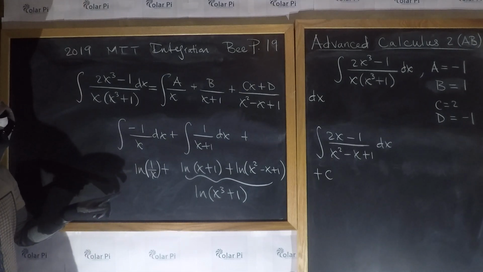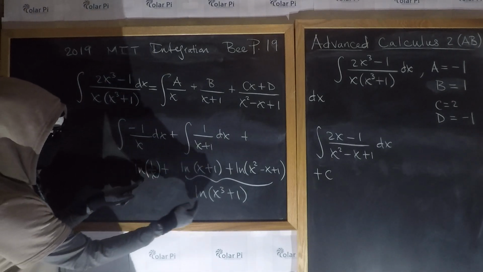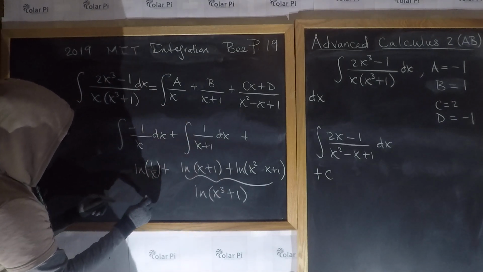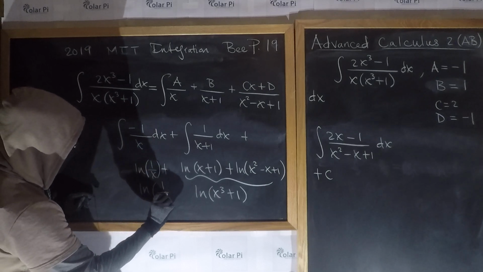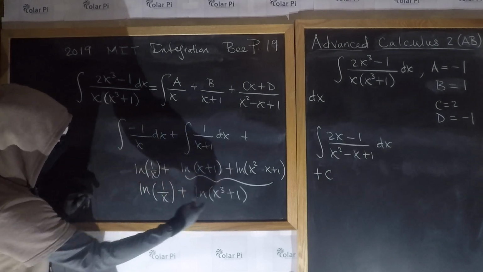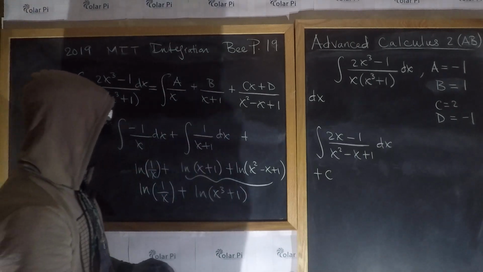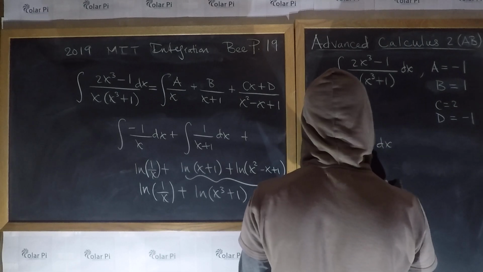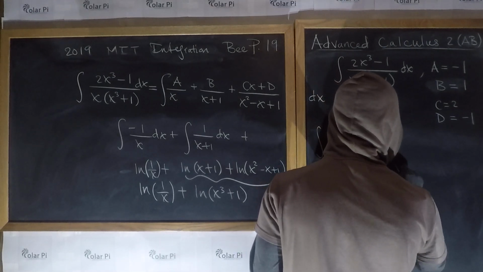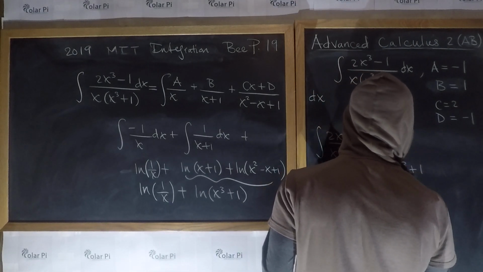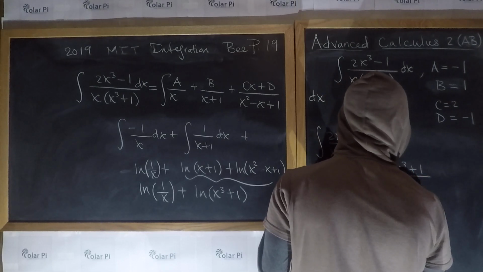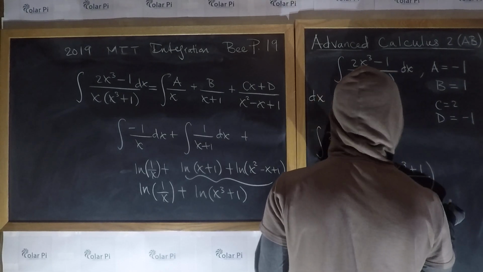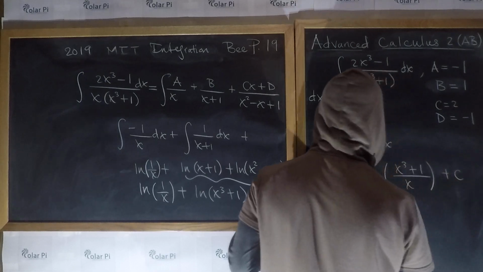And so again, using the product rule with this and this, because we'd have a plus sign between them, we'd have ln of 1 over x plus that. And so combining, we see that our final answer is actually the natural log of (x cubed plus 1) over x, and then plus c.